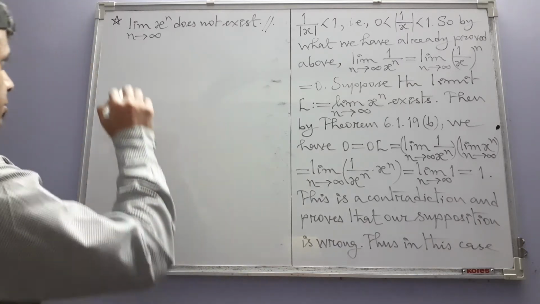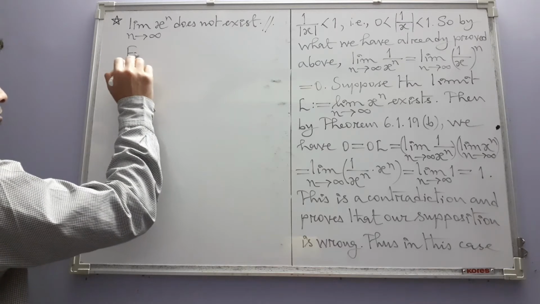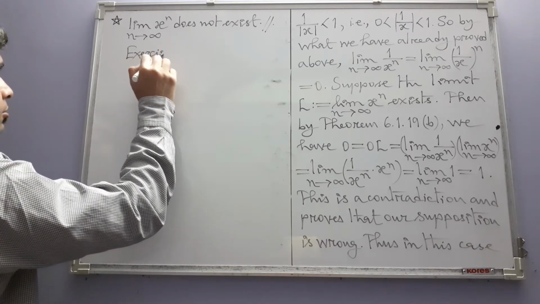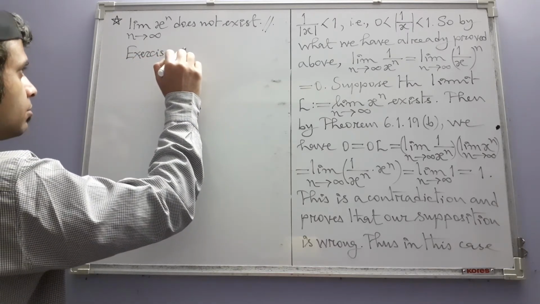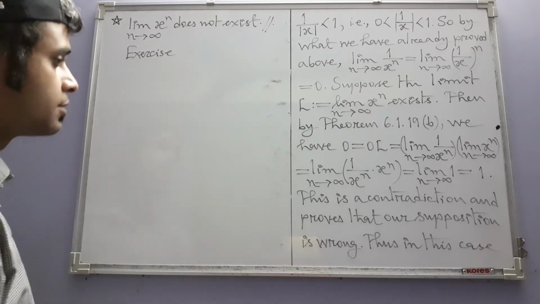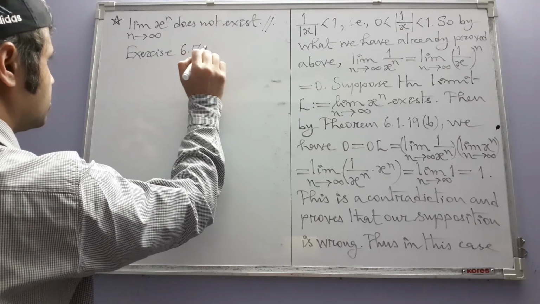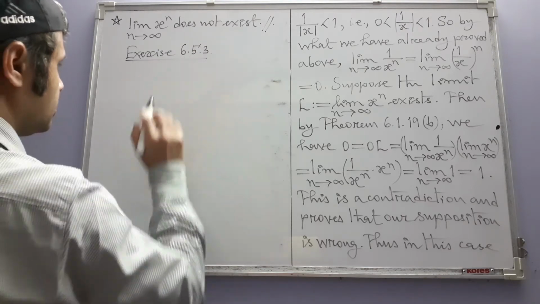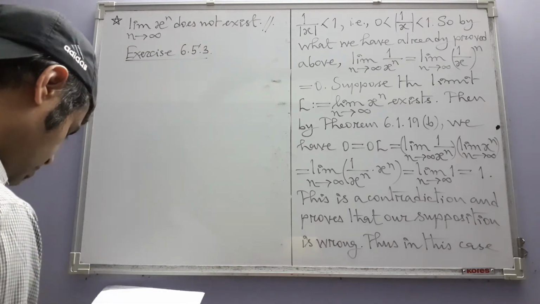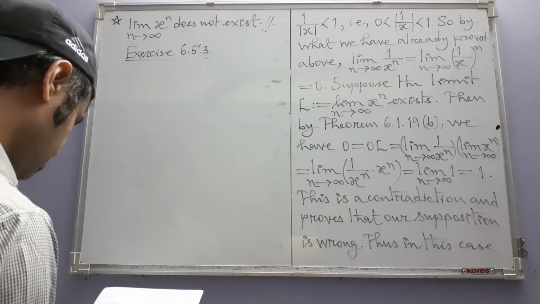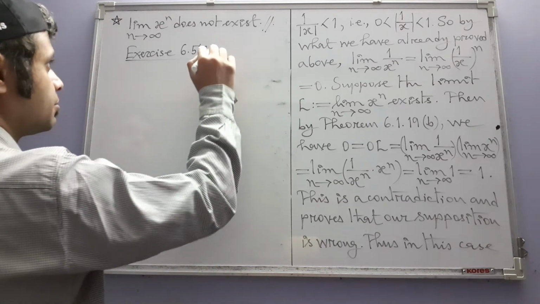Next, there is one more. Not 562, 652. And this is 653. It's exercise 653 and it will ask us to also prove lemma 653.